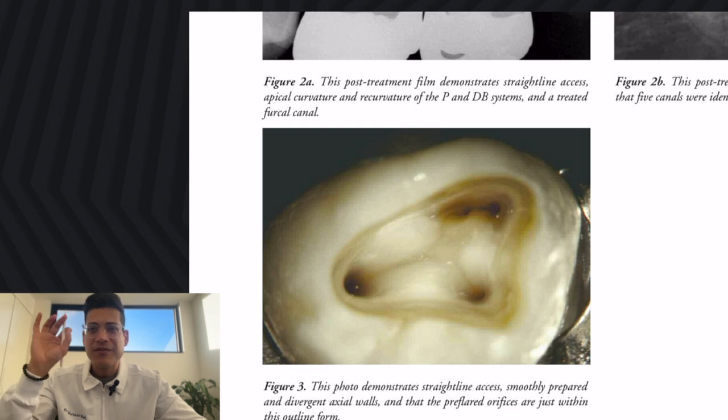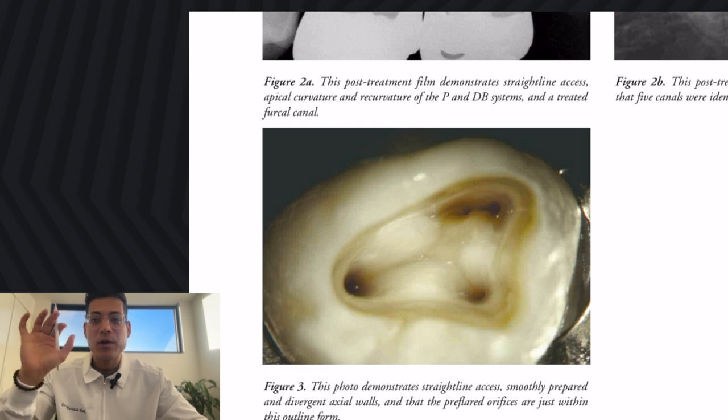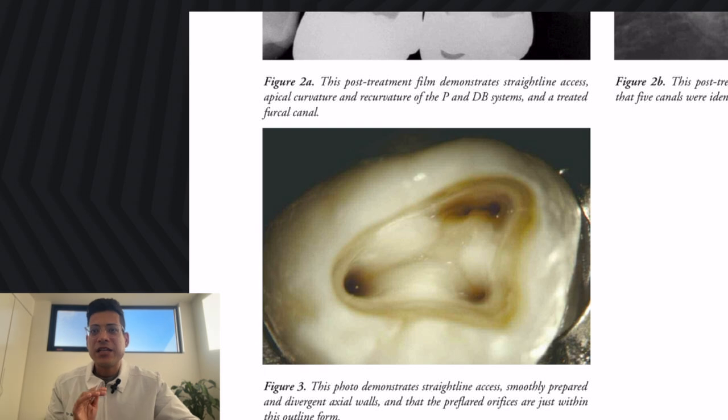Because even if you leave a tiny bit of roof remaining, which I've seen a lot of academies train people to be very conservative, all of them are failing in the exam because they are doing such a minimal access opening that they leave the roof. And even if there's the slightest doubt they've left the roof, they fail the whole exam.